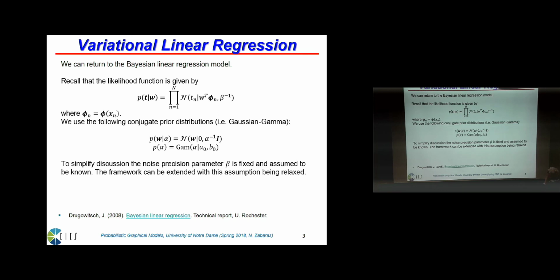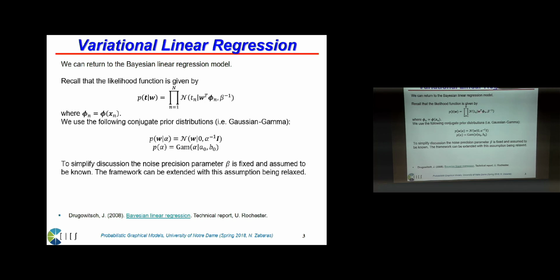Now again, I'm going to be talking about regression, assuming everybody in the audience knows what regression is. We use some basis functions phi to postulate a linear regression model.